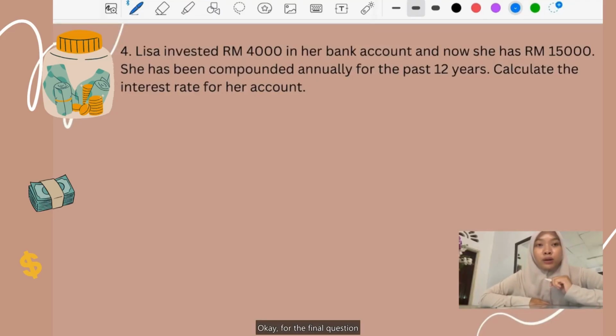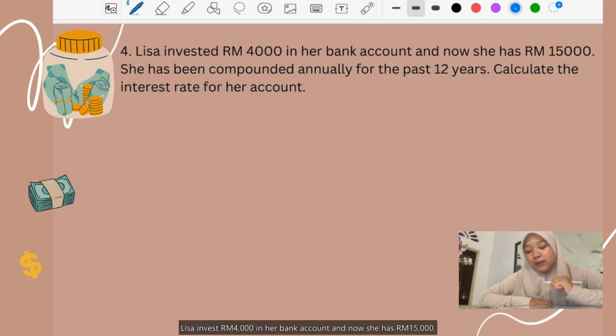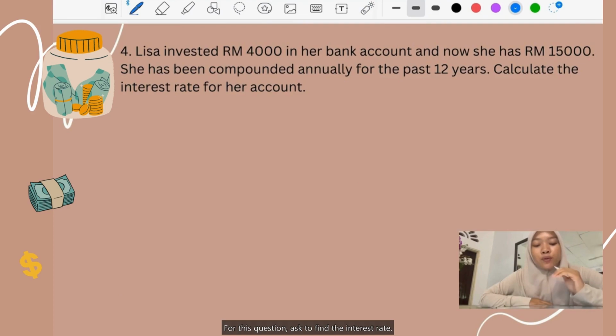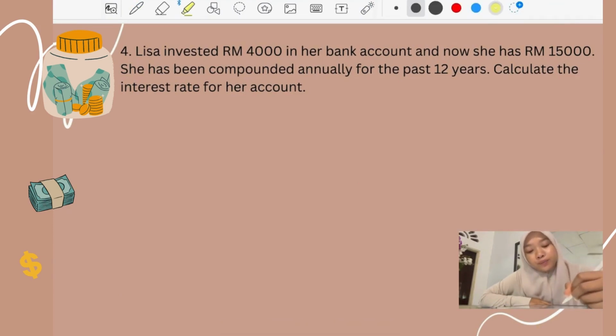Okay, for the final question, Lisa invests RM 4,000 in her bank account and now she has 15,000. It has been compounded annually for the past 12 years. Calculate the interest rate for her bank account. For this question, we are asked to find the interest rate.